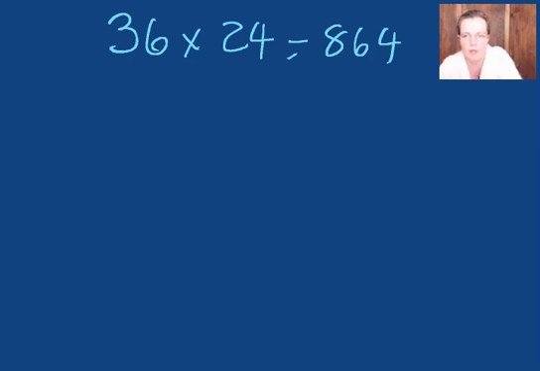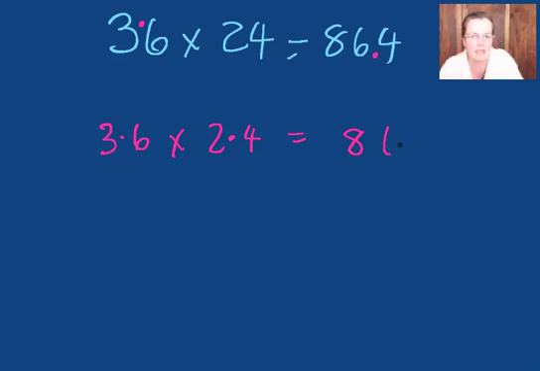So if we've got 3.6 times 24, you bounce it in once. If you've got 3.6 times 2.4, there's 1 number, and then 2 numbers after the decimal point, so it's 864, and then we go 1, 2. What about 0.36 times 24?